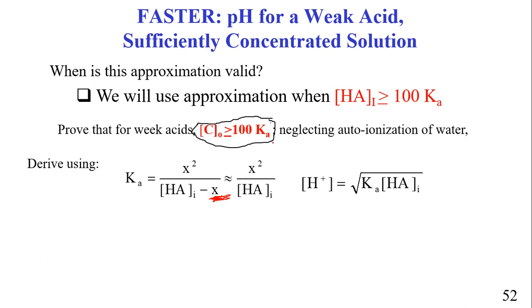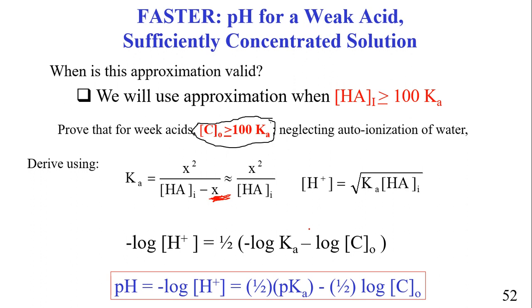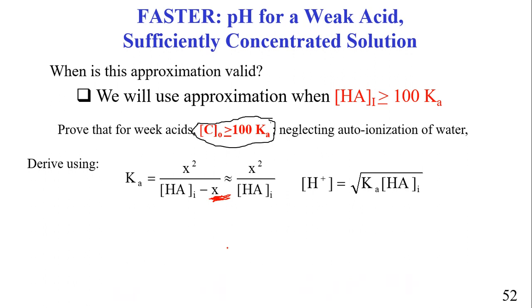And we're going to tell you only one thing, that as long as C0 is greater than 100 Ka at the beginning of the equation, you could do that. Or you can test it out at the end. Let me first do this.